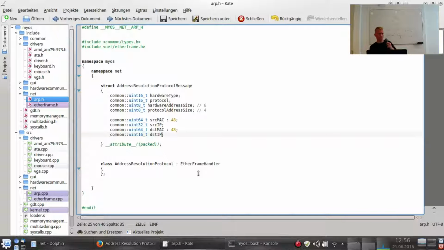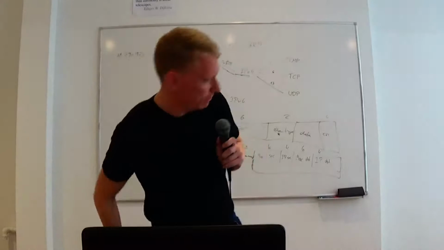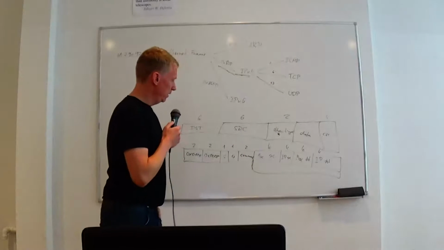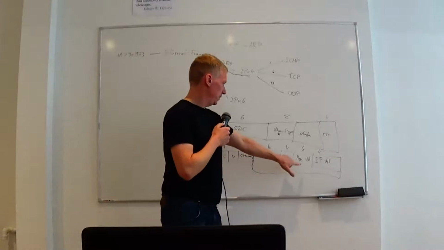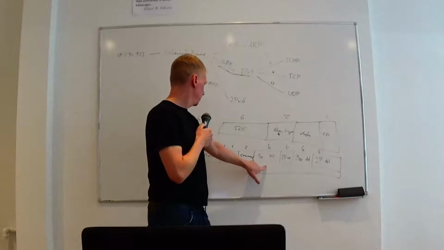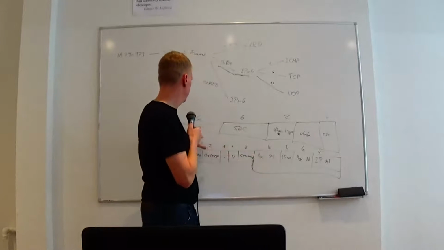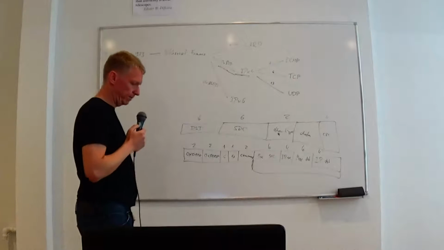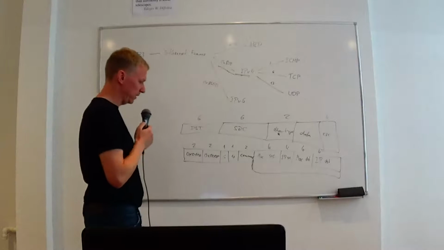By the way, if you ask yourself, why do we have the MAC address here again? I mean, here we have the MAC address of the destination and of the source, but we also have these MAC addresses here and here in the Ethernet frame header.